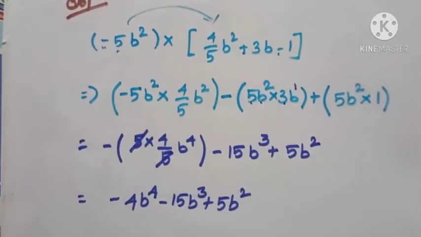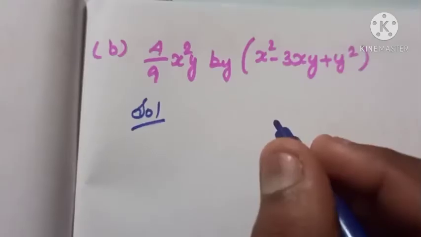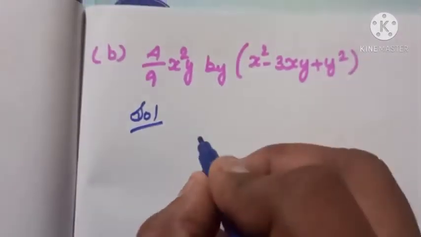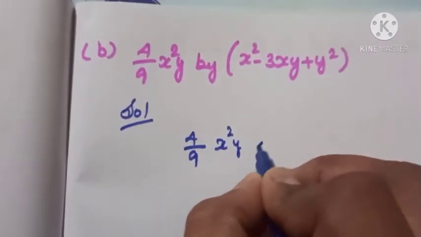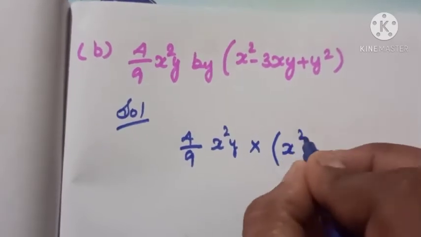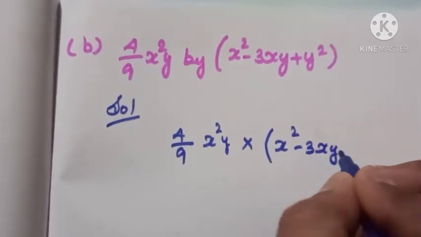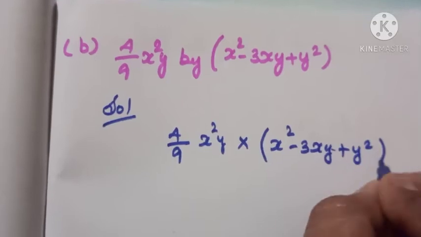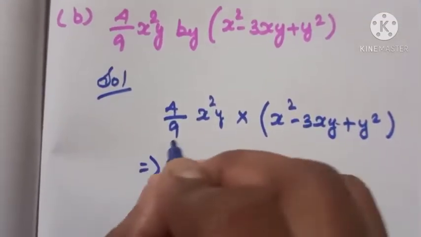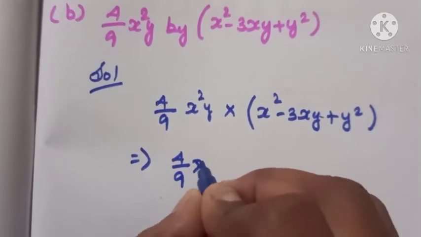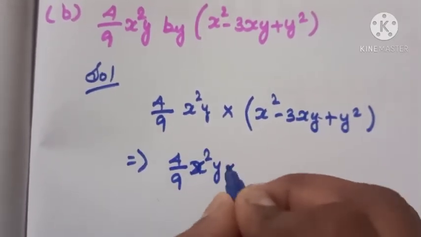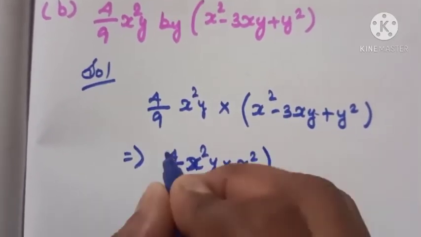Next we move on to question B. So first we multiply as usual. 4 by 9 x square y is multiplied with x square minus 3xy plus y square. So we need to multiply separately. 4 by 9 x square y is multiplied with x square first.